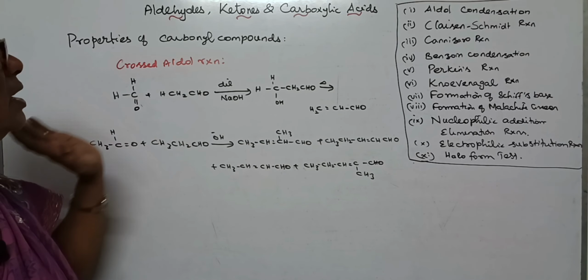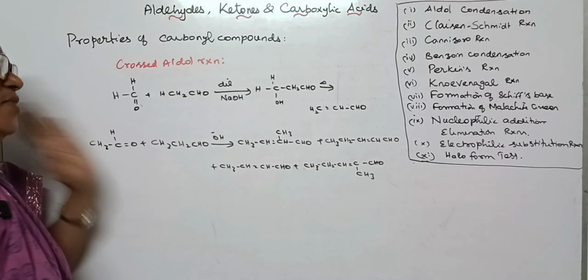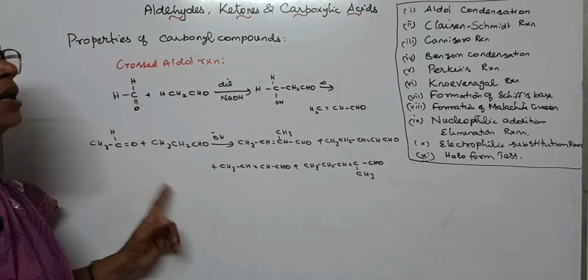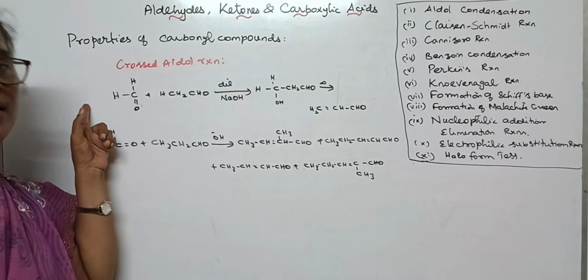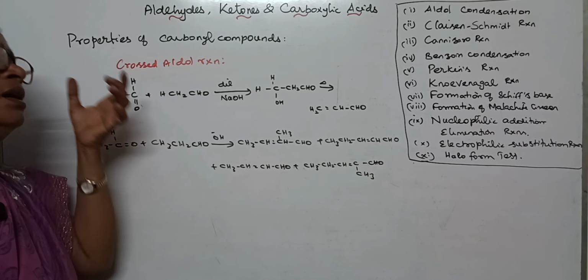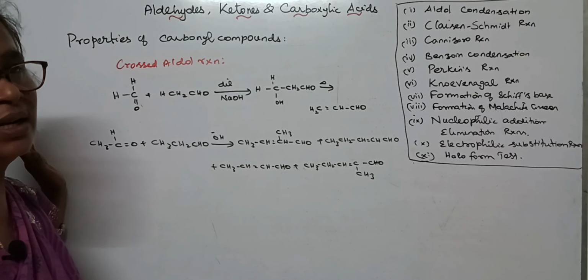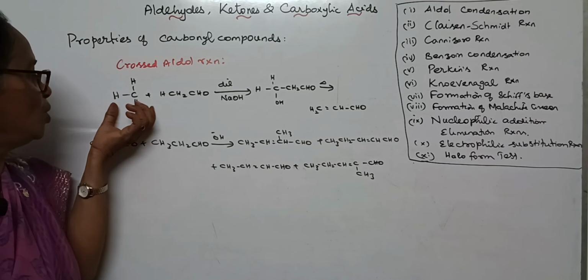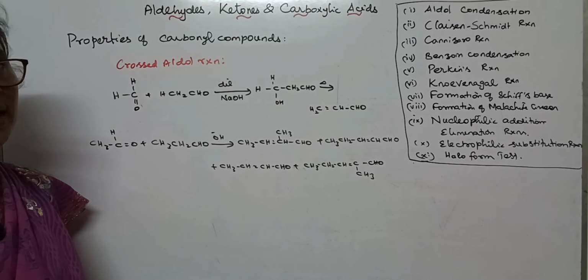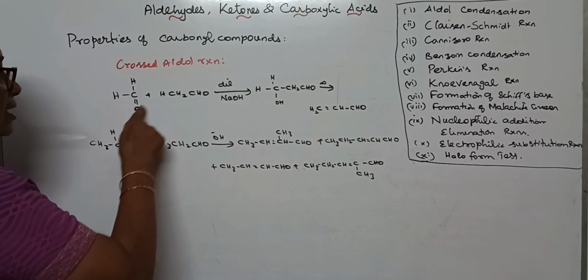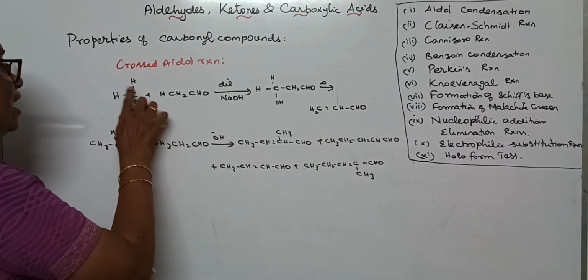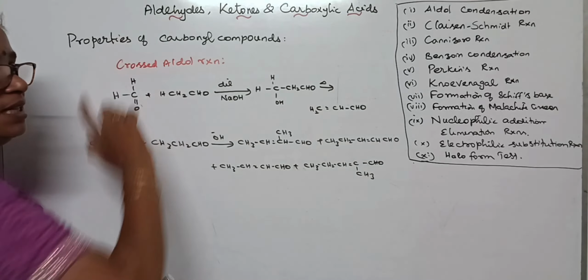Now the crossed aldol reaction. In this, we can have 2 different aldehydes, or one aldehyde and one ketone, or formaldehyde with another aldehyde, or even a ketone. So why do I say specifically formaldehyde? Formaldehyde has no alpha hydrogen atom because the CHO group is attached with only hydrogen.